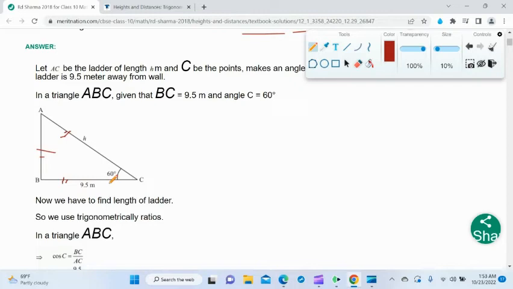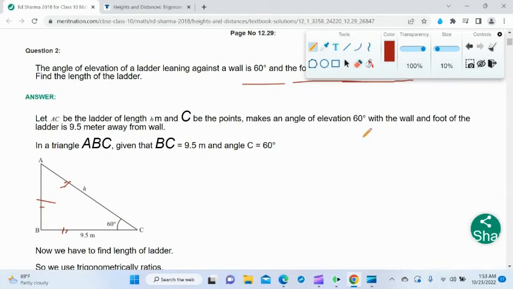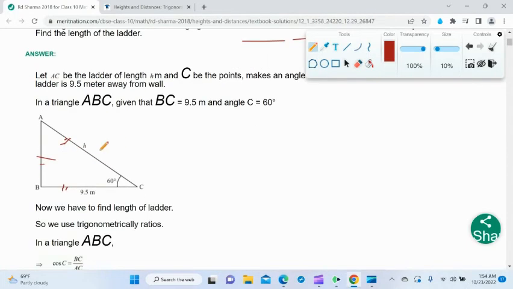Again from the formula, we have to find the length of the ladder, so we have to calculate this h.